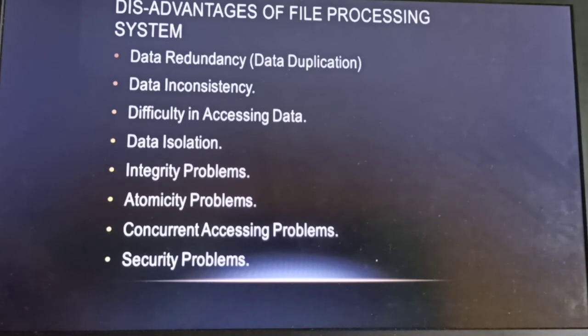Next is data isolation. As data is scattered in various files, the files may be in different formats. Writing new application programs and retrieving the data is very difficult. Data integrity. The data values stored in the database must satisfy some consistency constraint. This describes the problems of ensuring that the data in the database is accurate.